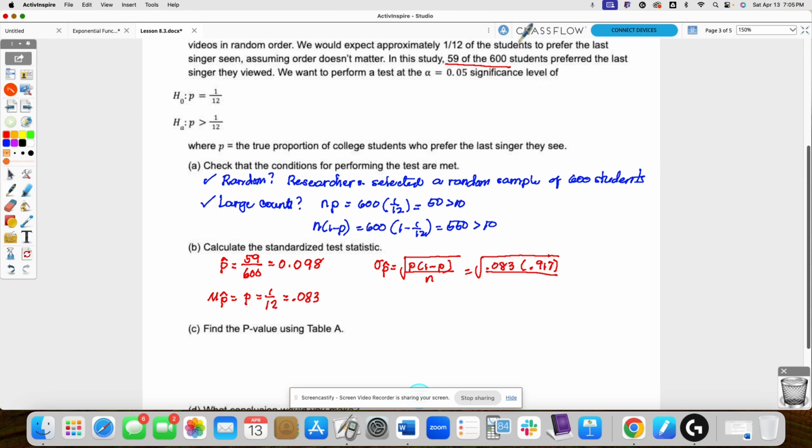Our n here is the 600 students. So this gives us the square root of 0.083 times 0.917 divided by 600. That is 0.011.